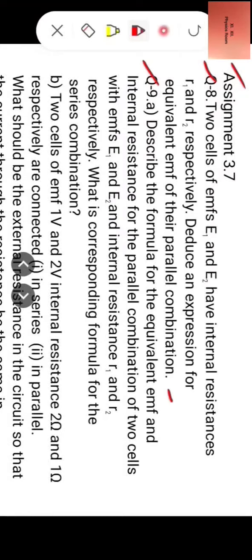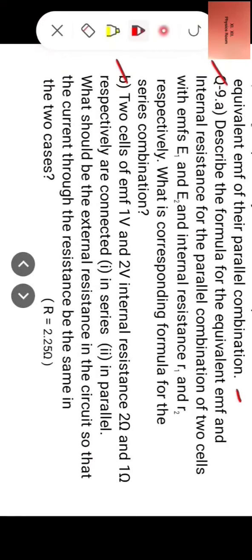What is the corresponding formula for the series combination? B part. Two cells of EMF 1 volt and 2 volt, internal resistance 2 ohm and 1 ohm respectively are connected, number 1 in series, number 2 in parallel. What would be the external resistance in the circuit so that the current through the resistance be the same in the two cases? So here is the answer for it.